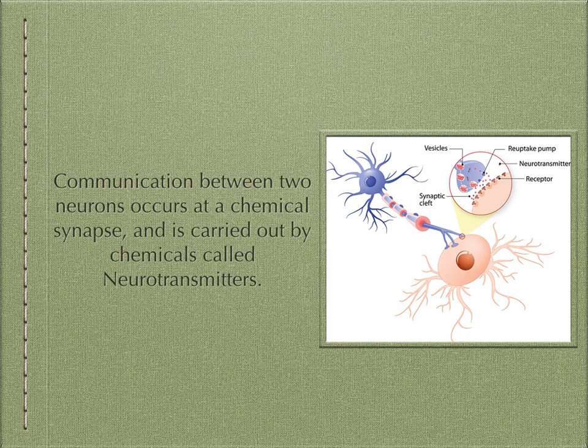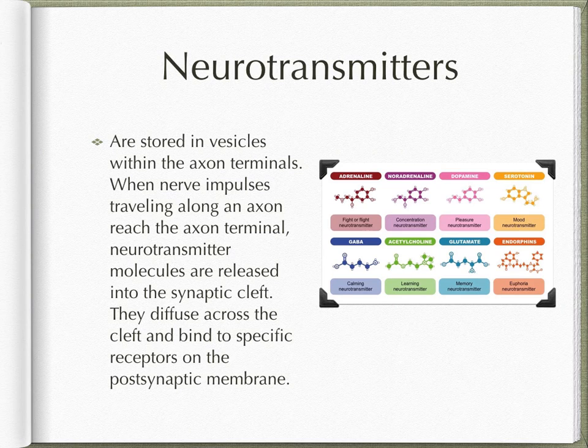Communication between two neurons occurs at a chemical synapse and is carried out by chemicals called neurotransmitters. Neurotransmitters are stored in vesicles within the axon terminals.